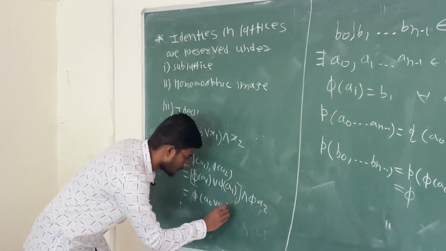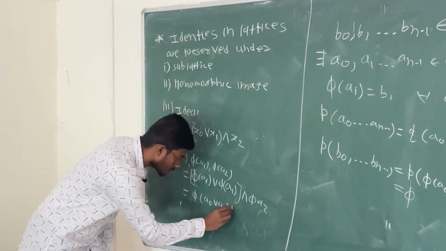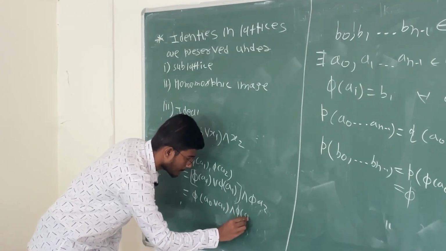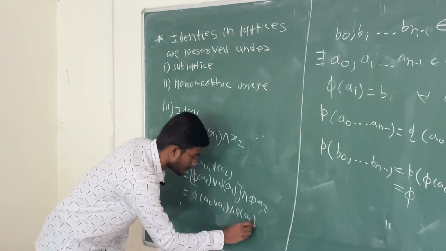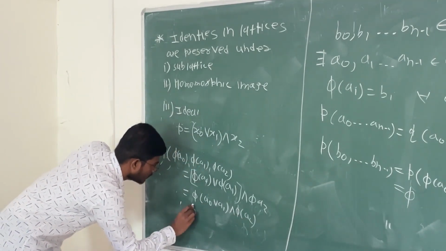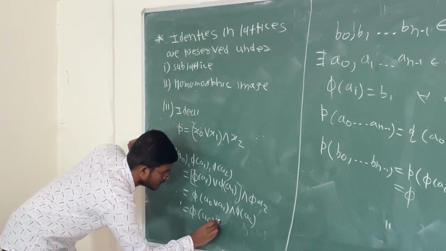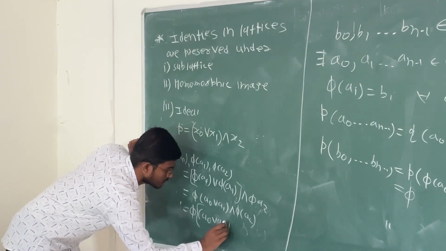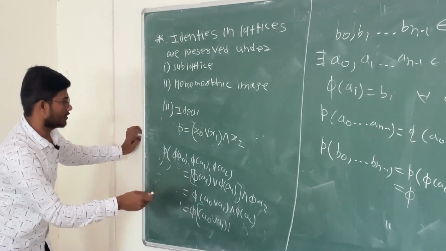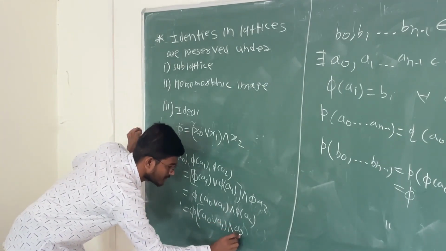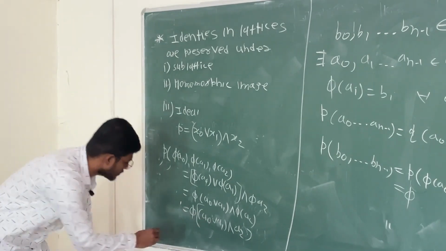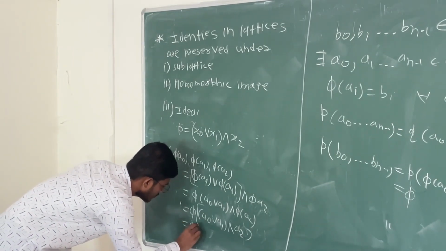So basically, because phi is a homomorphism, you can take phi outside, right? Yes. So here also we have phi of A0 join A1. Yes, yes. Okay, correct. Meet A2. And what is this? This is a polynomial under P. P of A0, A1, A2.